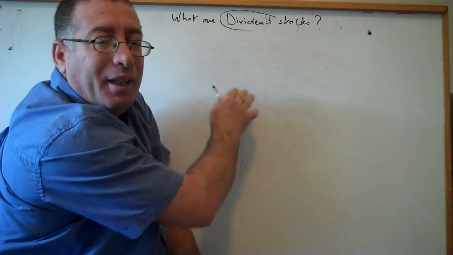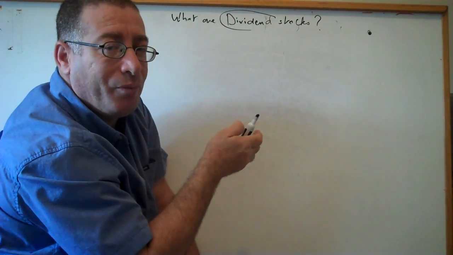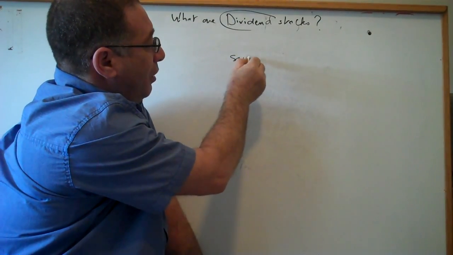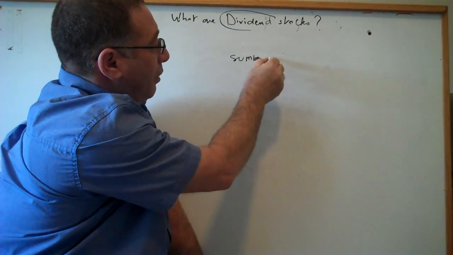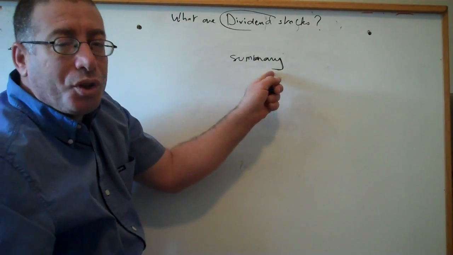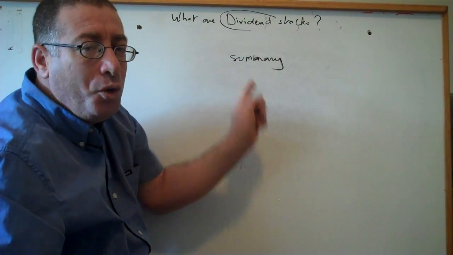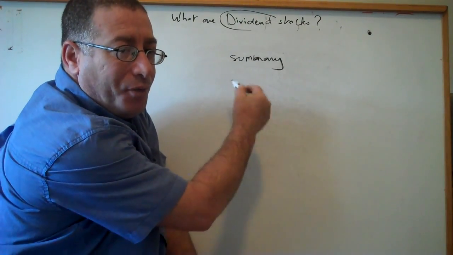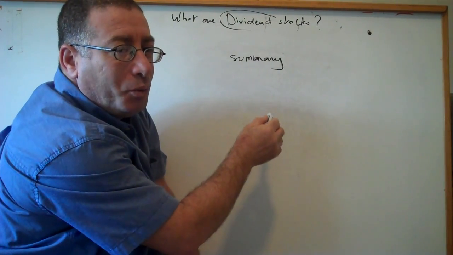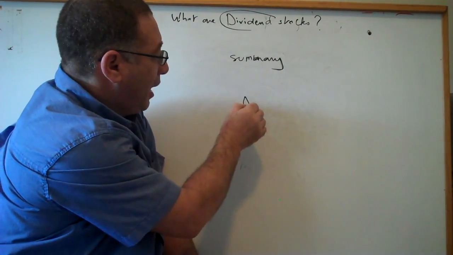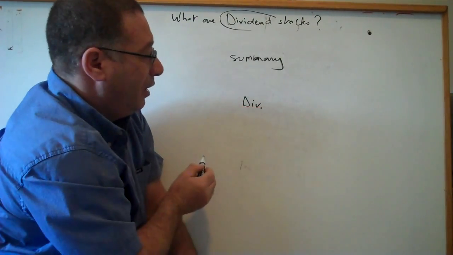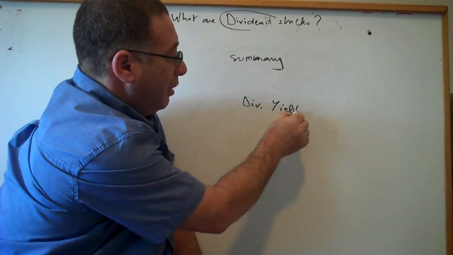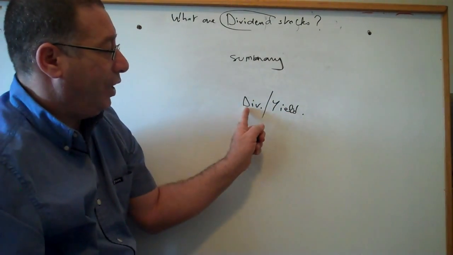Now, you take any stock, and when you go to the summary of the stock, you find in one part of the information, written like this, div, and you find yield. Div or yield.